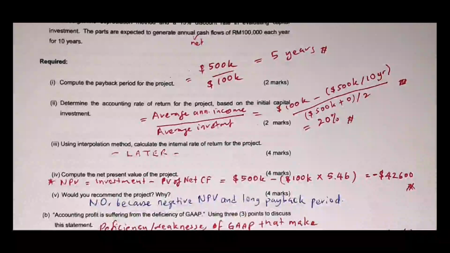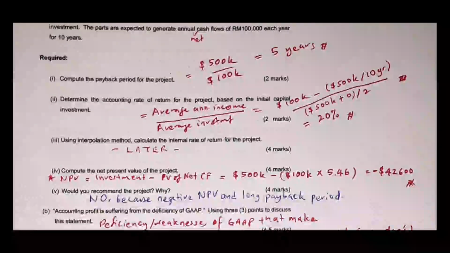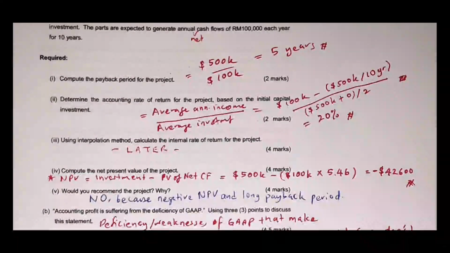So the present value of net cash flow is higher compared to the initial investment. The present value of cash flow is like 546,000 something, and then the initial investment is 500,000.